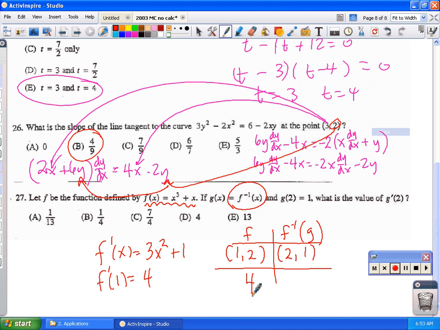So the derivative of its inverse would be the reciprocal of that, which would be 1/4. So that is definitely worth going back and looking at your notes, because it's really not that hard. You just have to be careful and make the chart. All right, so this would be, again, f prime, and this would be over here g prime.